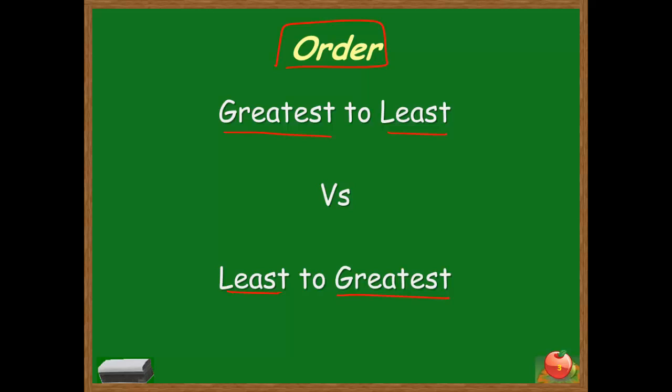What's the difference? The difference is greatest would be the largest or biggest, and then all the way down to the smallest. This one would be the other way around. I want to go from the smallest to the largest. Make sure you read the directions so you know which order to put them in.